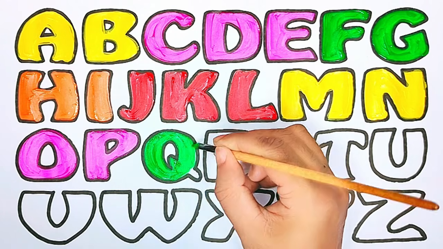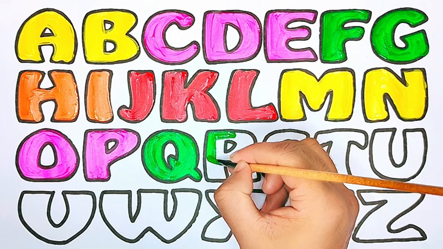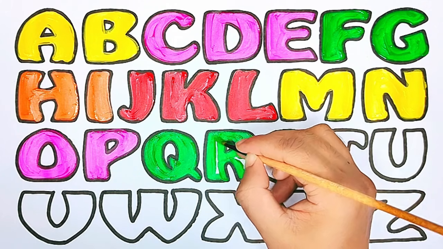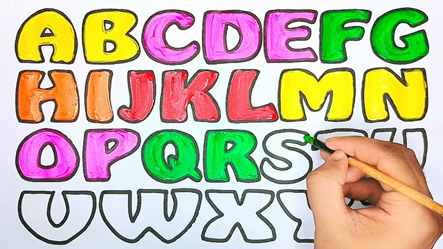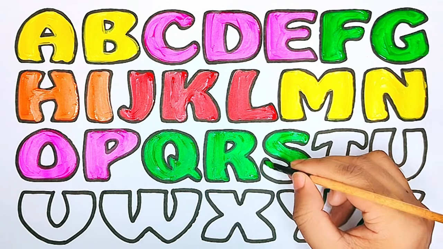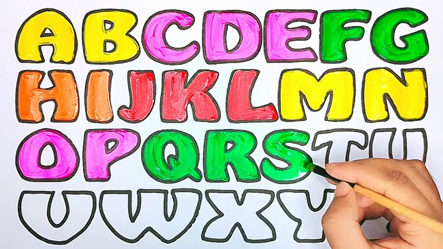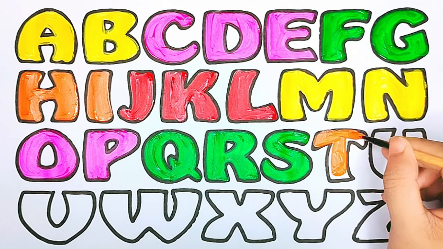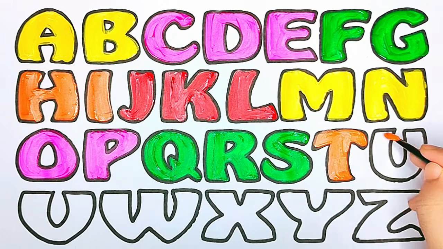Q for quinoa. R for rooster. S for spider. T for tree.